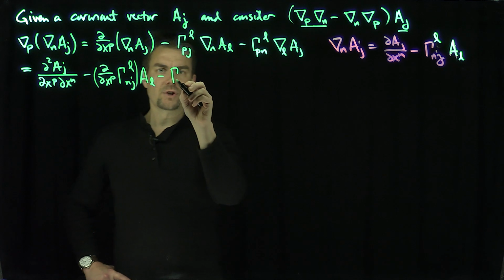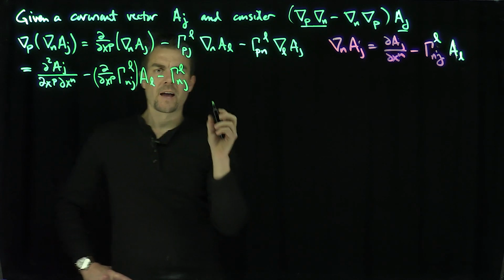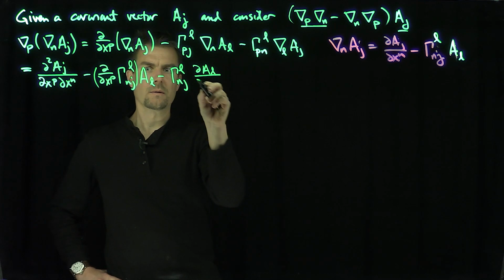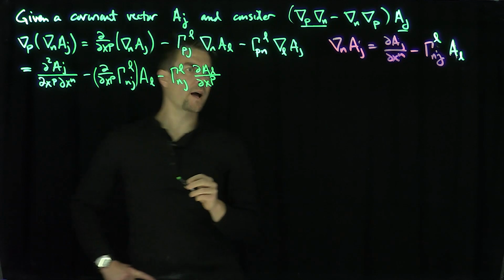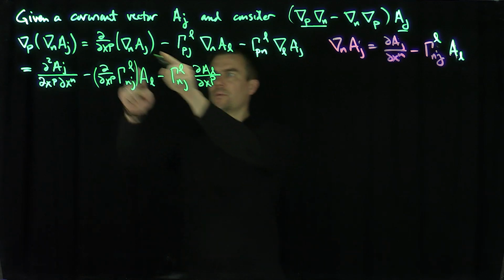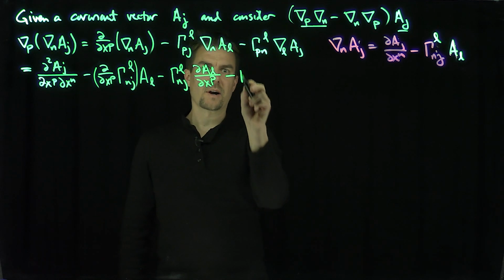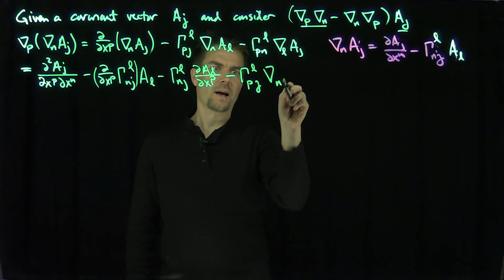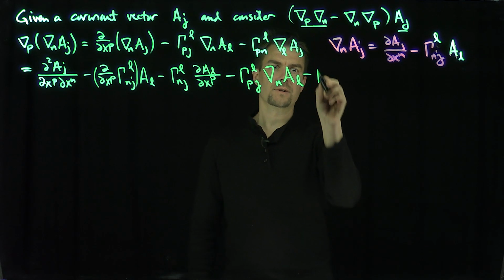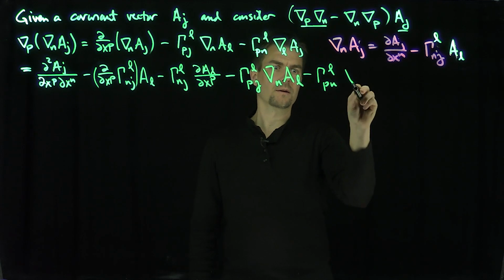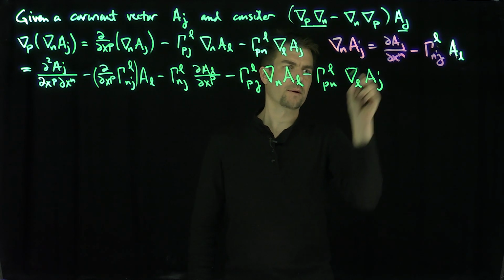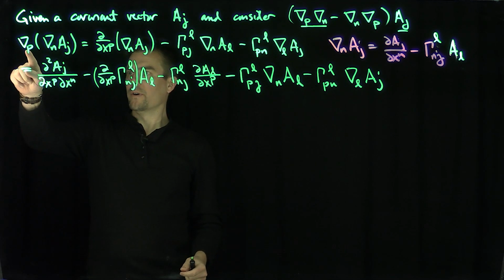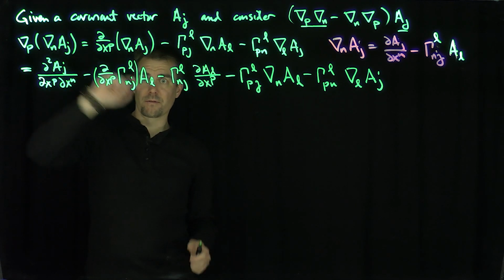And then gamma of NJL, and then the P derivative of A_L, dA_L over dx^P, like that, okay? That's the derivative over here of this thing over here. Now these two terms that straggle along, gamma of P, J, L, gamma N, A, L, minus gamma L, P, N, gamma L, A, J.